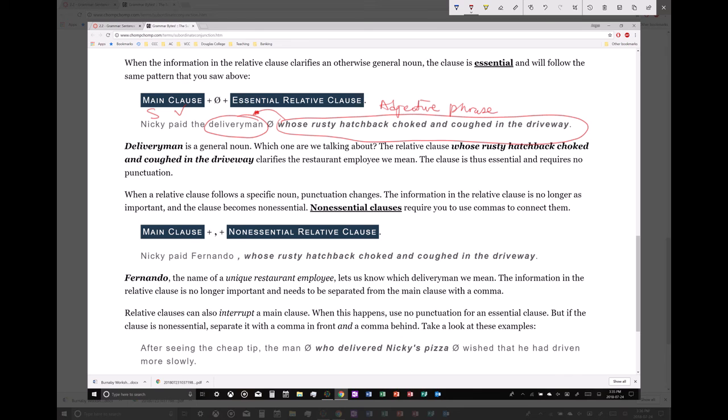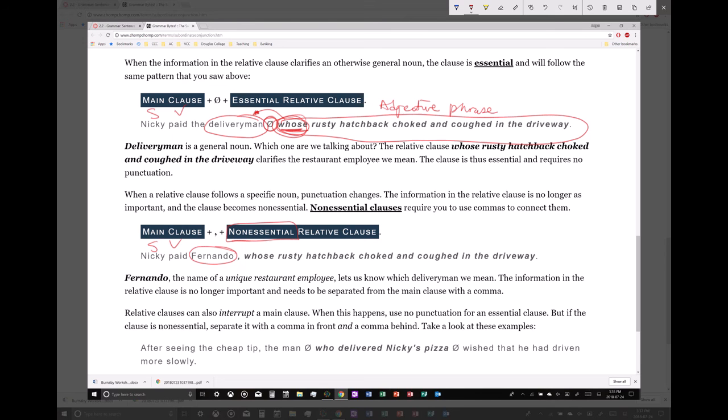Okay, so again, you add nothing, but you have here the subordinate conjunction, whose rusty hatchback. Here, if you have a non-essential relative clause, oh, well, we have the same subject and verb, Nicky paid, but we have Fernando. It's just a person.